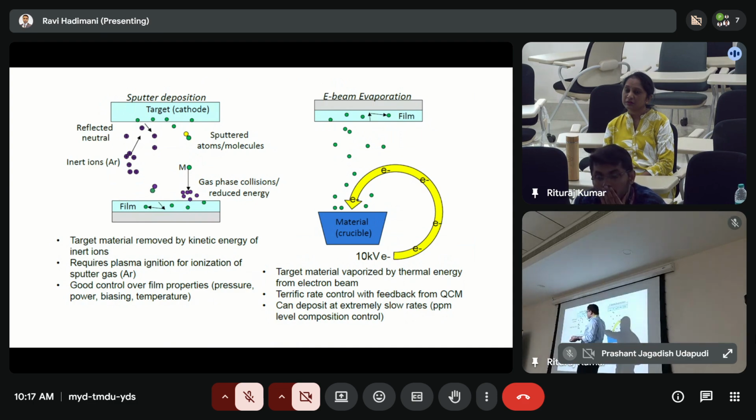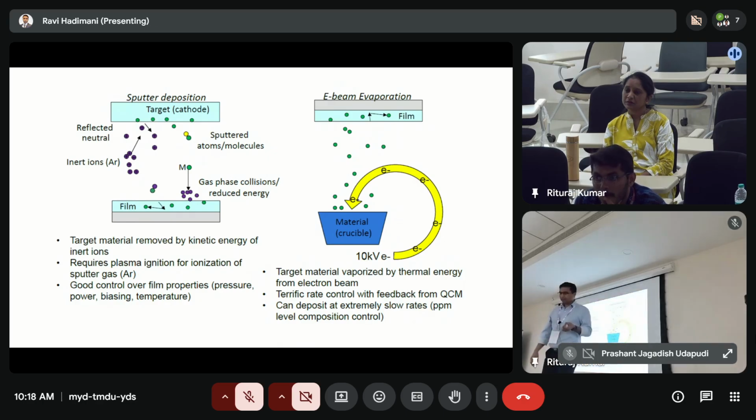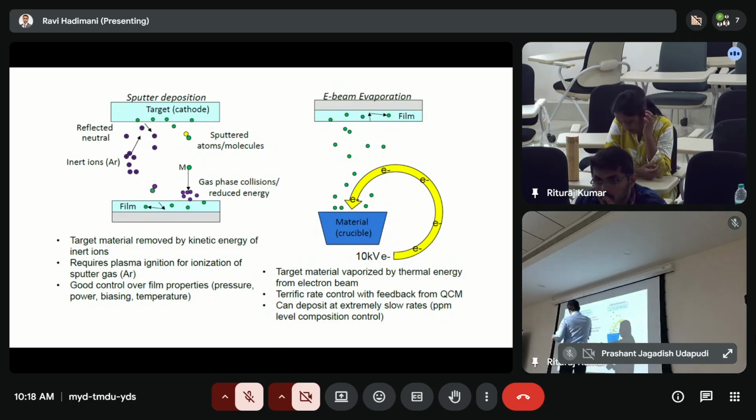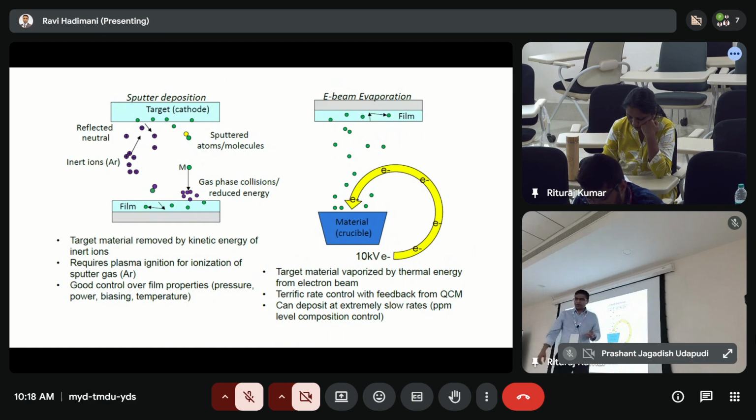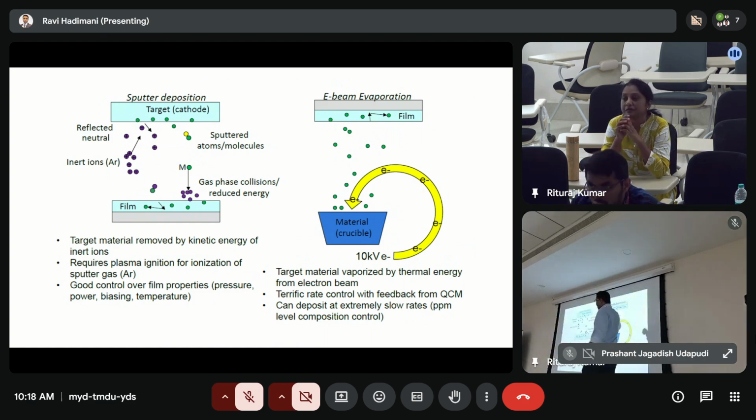In sputtering deposition, you create inert ions, usually through some inert gas. You can also create ions with oxygen as well, but a lot of the time you use argon. You strip away an electron and it becomes positively charged. These positive ions are accelerated towards the target.